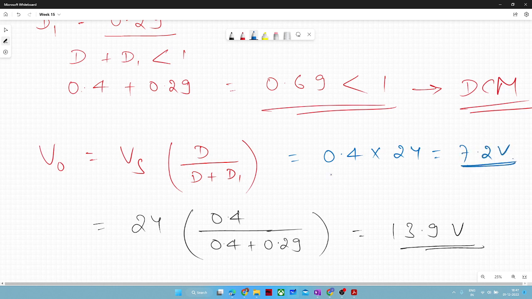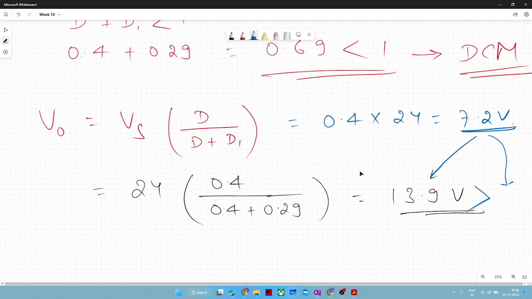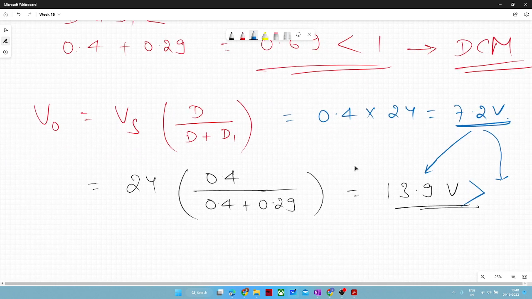And this kind of option will surely be present in your exam. 7.2 volt will definitely be there. And one more observation, this 13.9 volt is greater than this value. So we verified from this example that in discontinuous conduction mode, your average value of voltage will be higher.